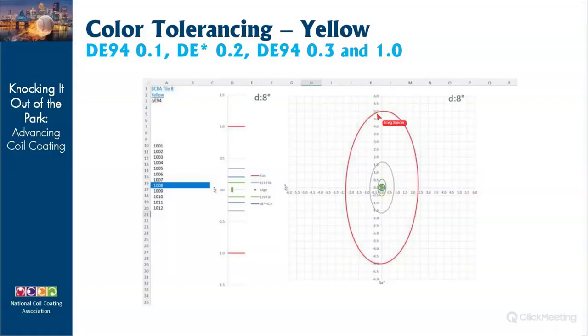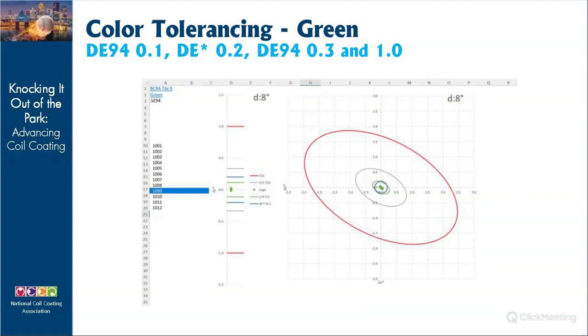Now we're almost up to 5 units on the chroma axis. And a green. Again, really tight control for different instruments measuring the sample. But here your 0.1 and your 0.2 delta E star are really close together.